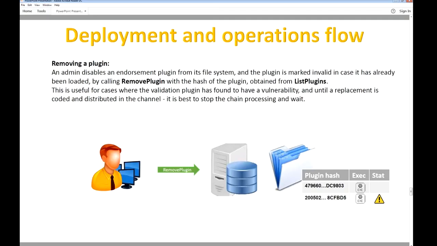Okay, so I'll move on. We can also remove a plugin if we want. Basically, a use case for that is if an administrator found a security problem or a bug in the validation plugin or the endorsement plugin, it can call an API on the peer that removes the plugin. And what happens if a transaction comes and this plugin does not exist?